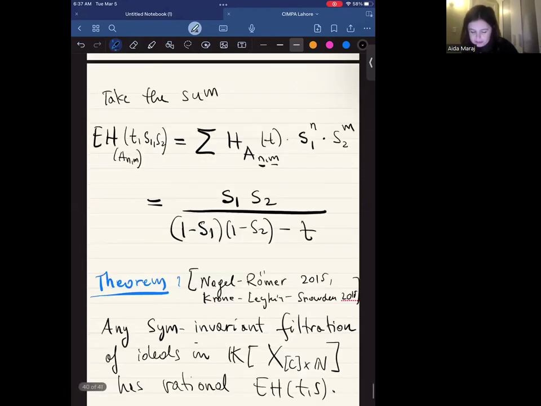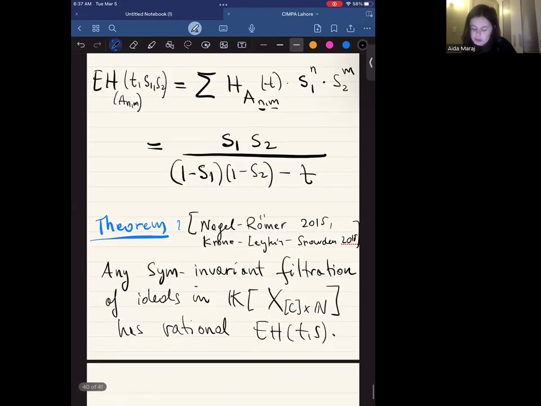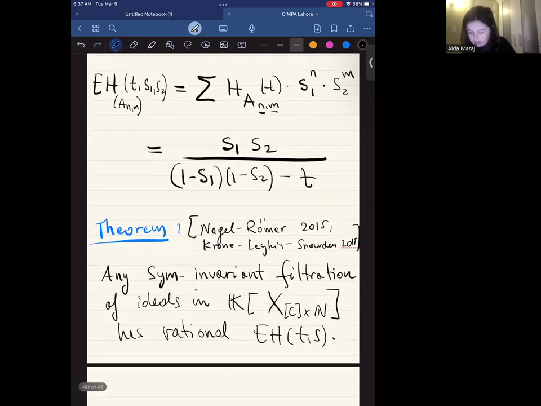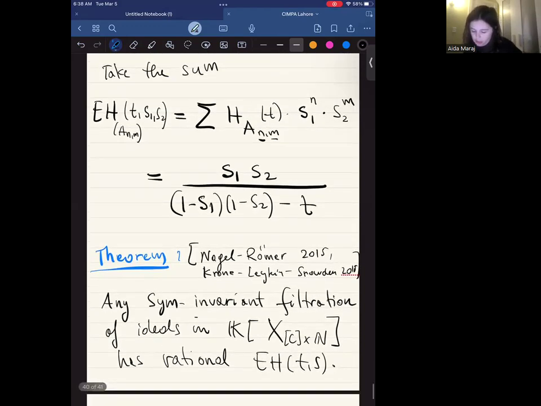Now, our example here was more general than what this theorem says, because our example lives in x n by n, not c by n. So the point is that this theorem is good, but it is restricted here, and many of our problems arise from larger polynomial rings. And the question is, is this true outside this type of ring every time?